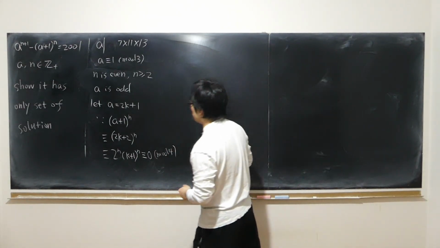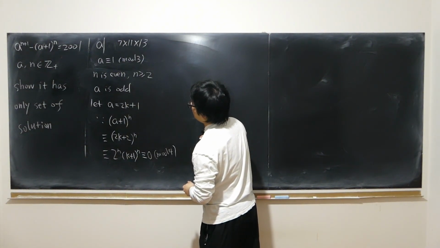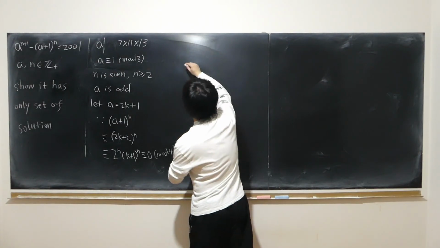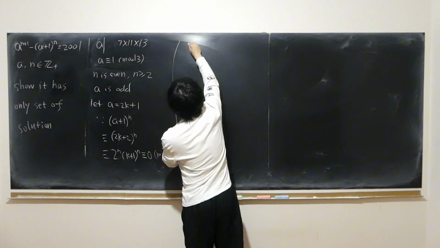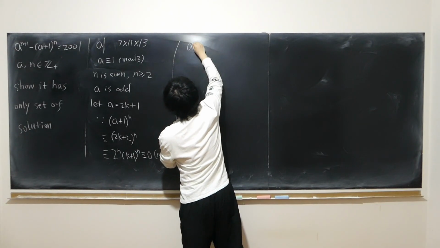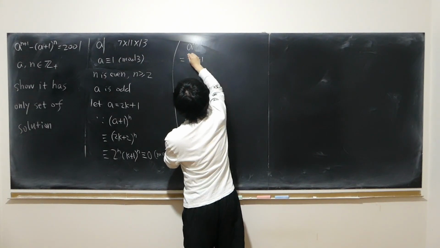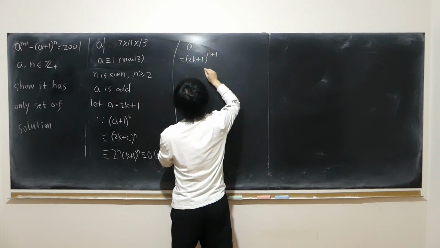And also, a to the n plus 1, what is that? a to the power of n plus 1 is (2k plus 1) to the power of n plus 1.